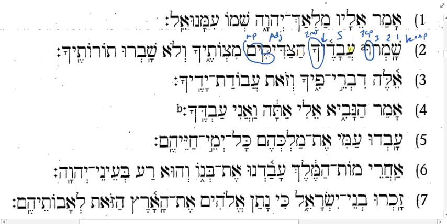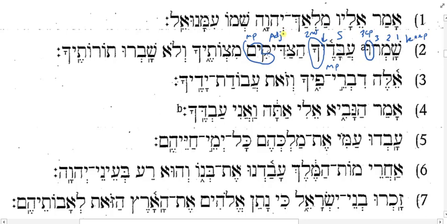Now look at avadecha. Is this masculine plural or feminine plural? Yeah, there's no ot ending. I've just got a segol yod before the pronoun. That's masculine plural. And there's no article, but is it definite? Yeah, because it has a pronoun suffix, it's definite, right? So they're both definite and they're both masculine plural.